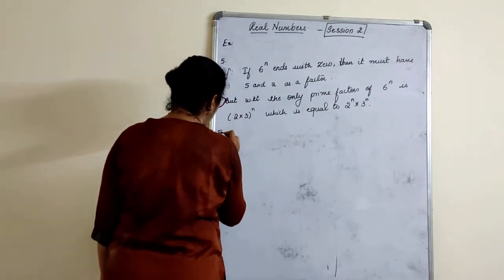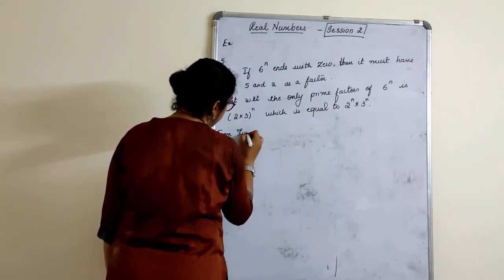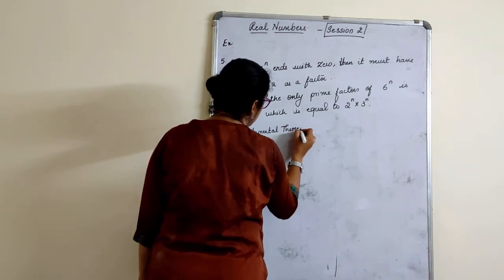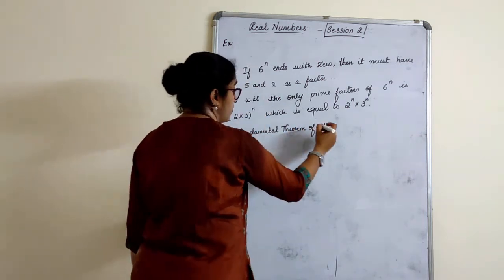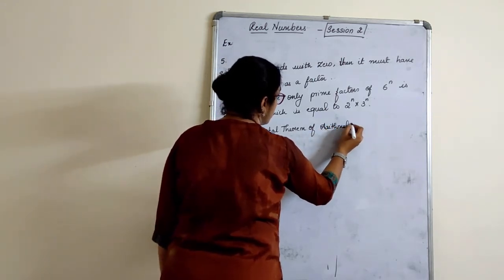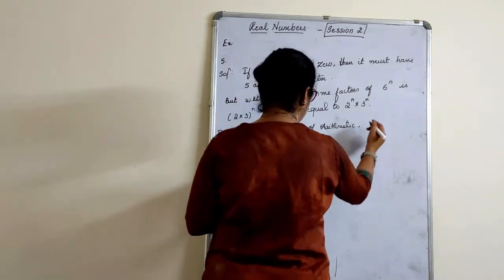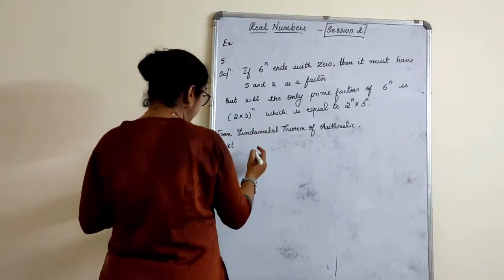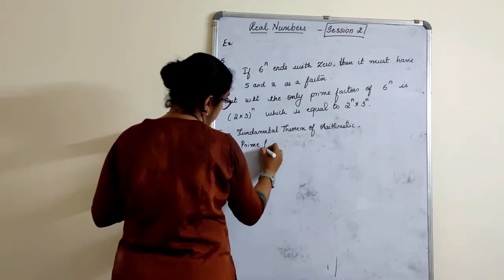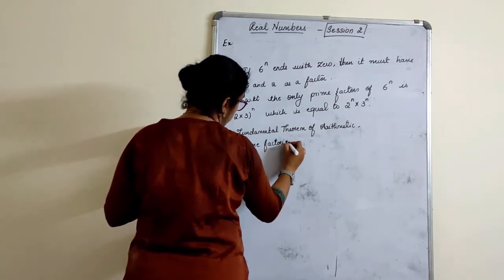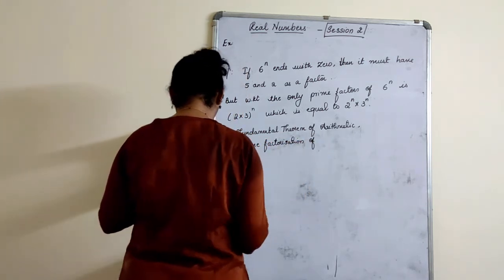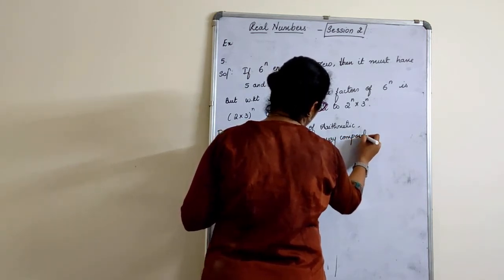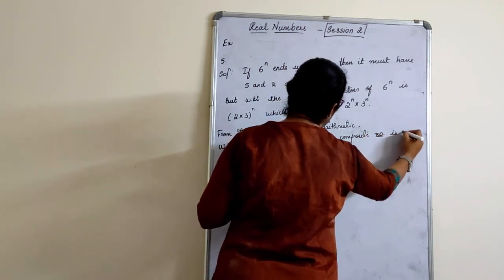And the last step, from the fundamental theorem of arithmetic, we know that the prime factorization of every composite number is unique.